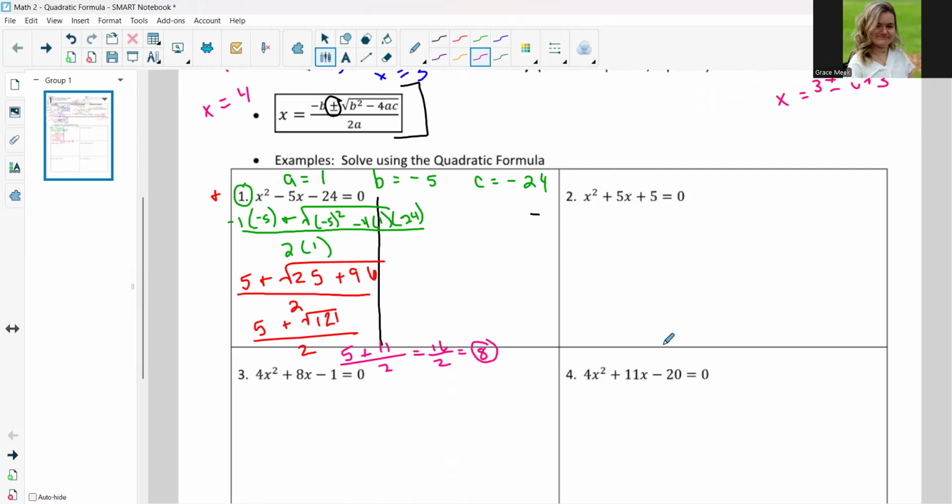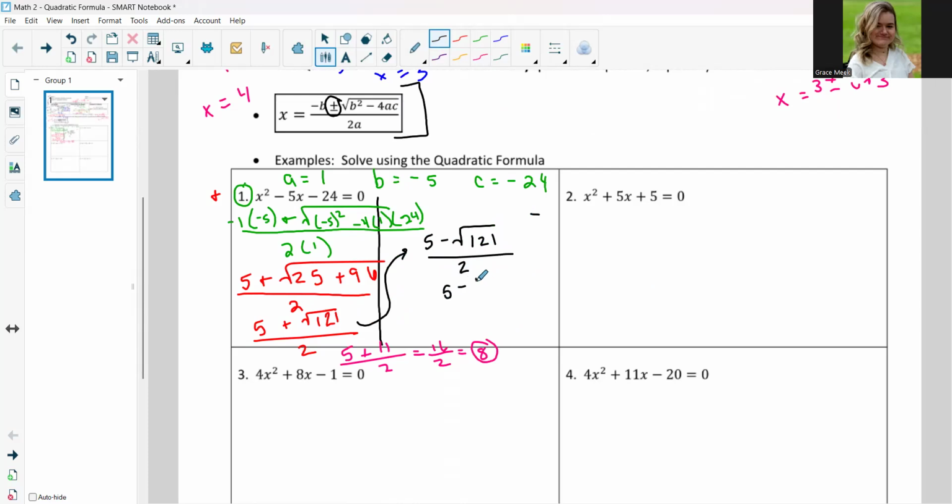So one of my solutions is 8. Now, just to save a little bit of room, because apparently I need more room, I'm going to move this up here and change that plus to a minus. So I'm going to do 5 minus the square root of 121, divided by 2.